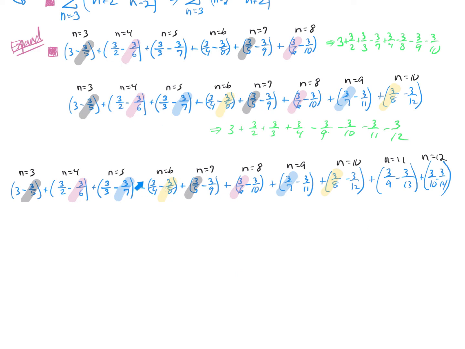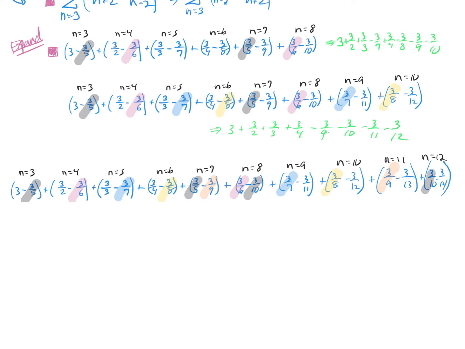All right, if we go out from n equals 3 to n equals 12, we add on these other terms, and some more things cross off. So let's see, minus 3/9 cancels off with positive 3/9, and one more, the negative 3/10 cancels out with the positive 3/10.